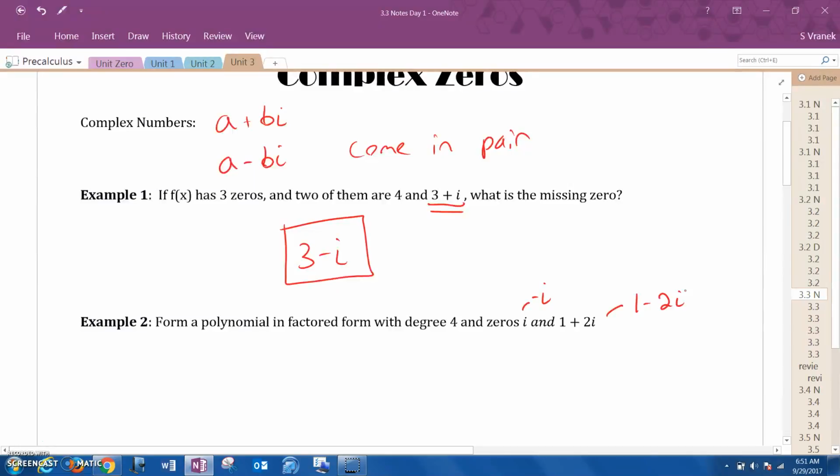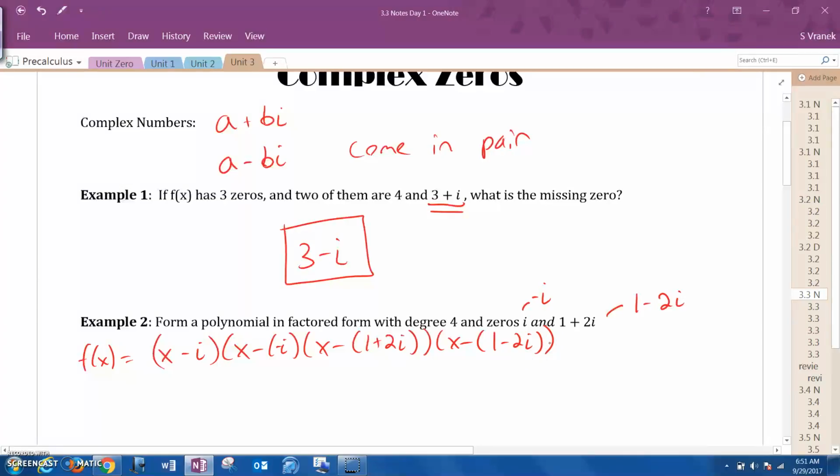So we can do the same thing here with our i's. f of x is equal to x minus i, x minus a negative i, x minus 1 plus 2i, and x minus 1 minus 2i.